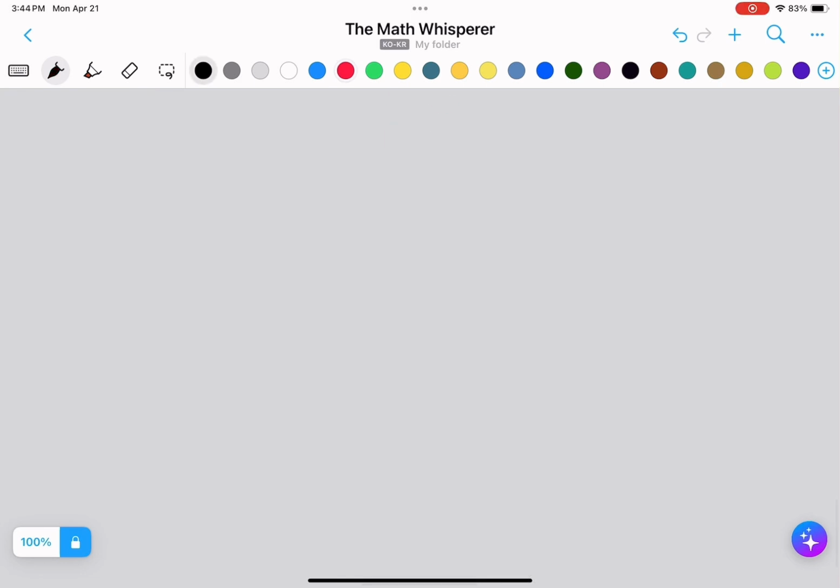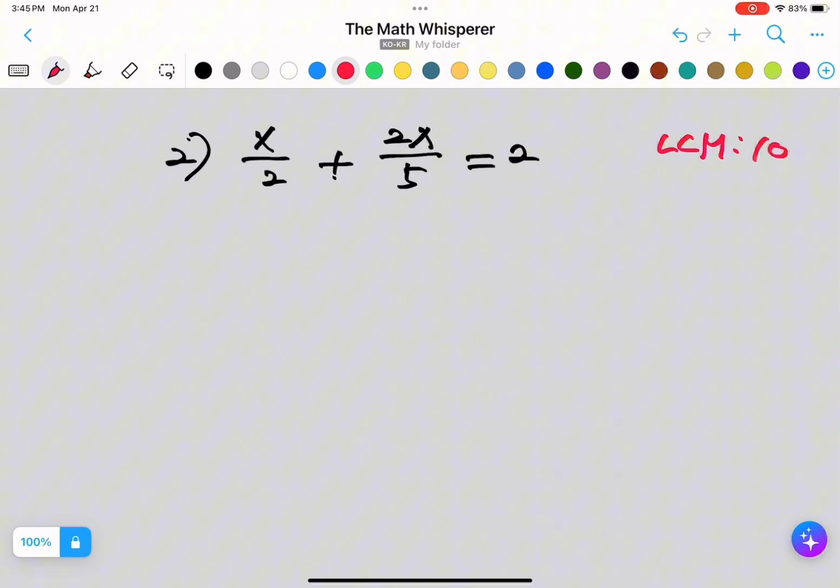Next one. x over 2 plus 2x over 5 equals 2. The least common denominator, or multiple, is 10.